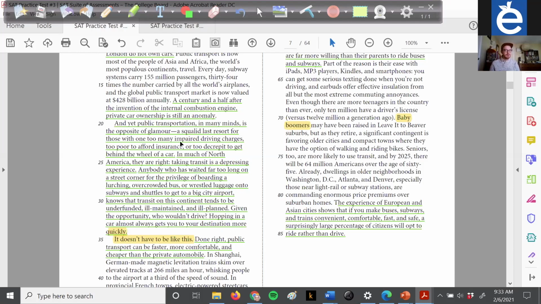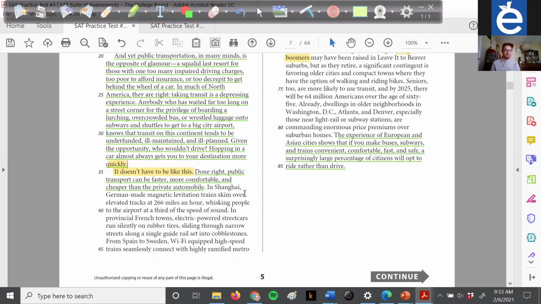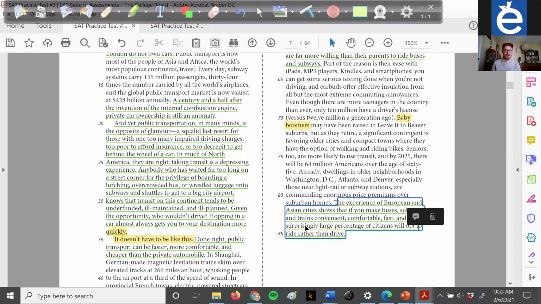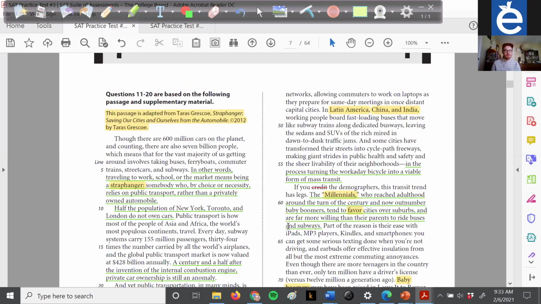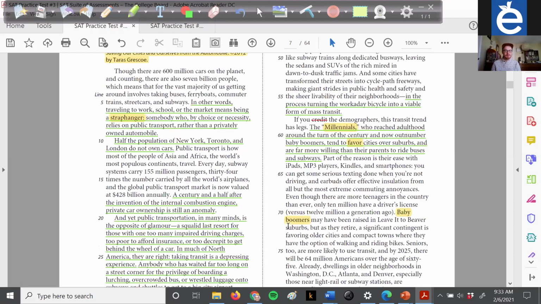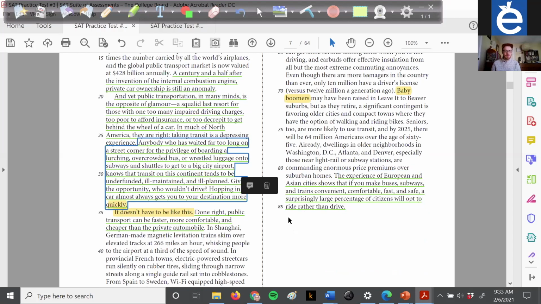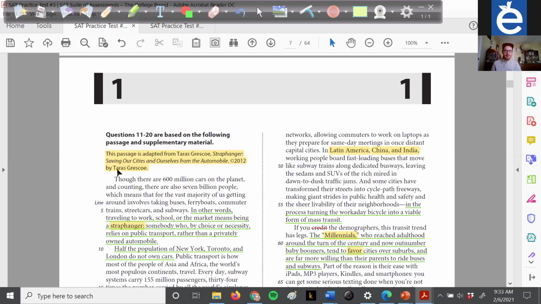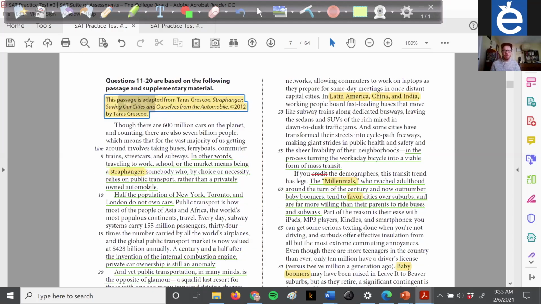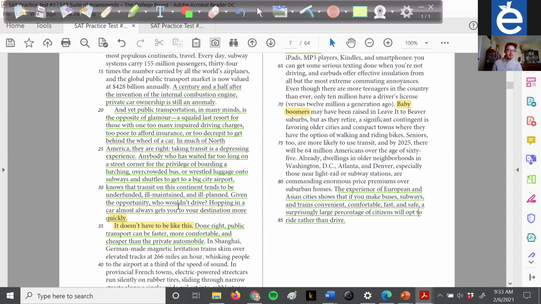So while the author seems to be in favor of moving toward public transportation, he is acknowledging that, I just had to check. I don't even know if Terrace is a man or a woman's name, so I'll just call them the author.